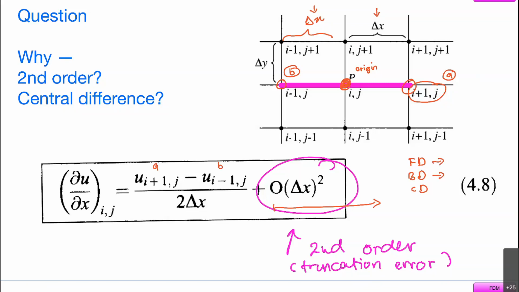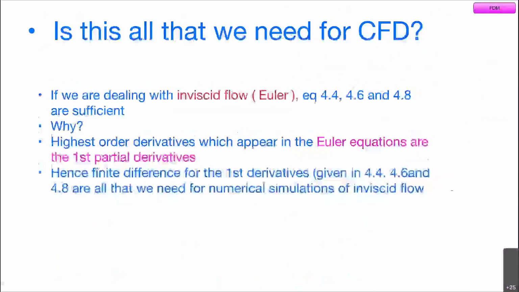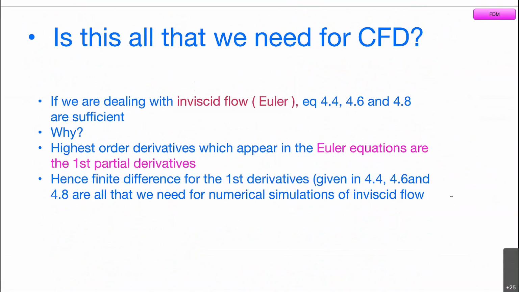Forward difference and backward difference are first order, and central difference is second order. We have covered forward, backward and central difference, but is that all we need for CFD or for the FDM methods?